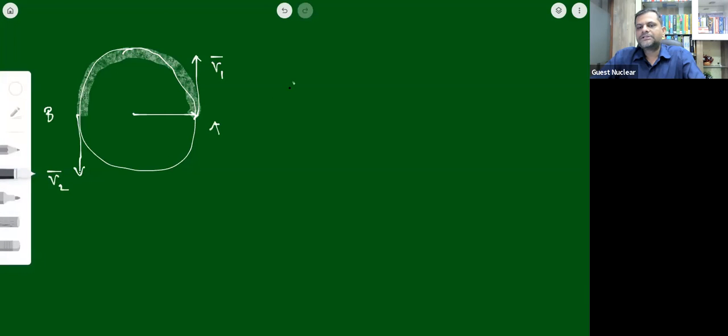And now the change in velocity here, how will you find out the change in velocity? v2 bar minus v1 bar. But already we know that these two are opposite vectors, right? Since v2 bar is downwards and v1 bar is upwards, can't we write that v2 bar is going to be minus of v1 bar, correct?